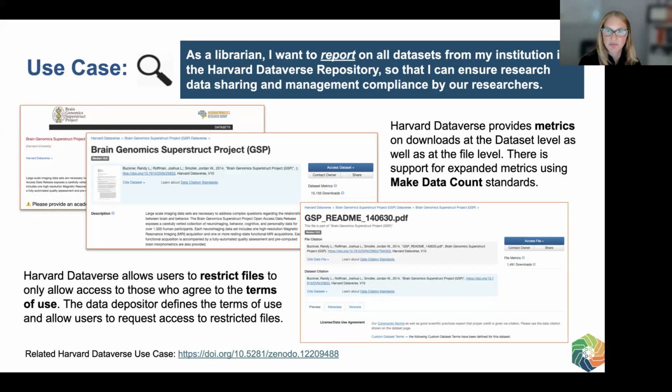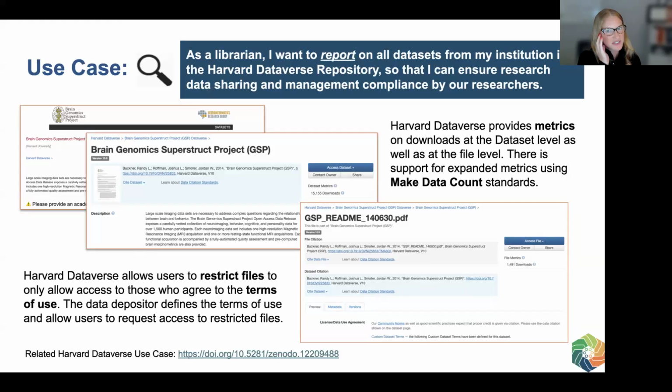And Make Data Count is a project to collect and standardize metrics on data use, especially these views, downloads, and citations. And GREI is working very closely with the Make Data Count standards as well. As a librarian, we can use this for reporting. We can utilize these metrics to support data reuse and also citation reporting.